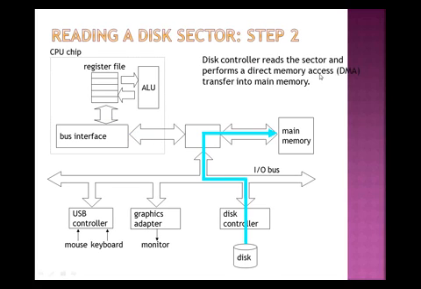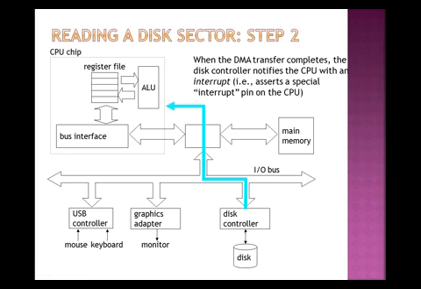The disk controller reads the sector and performs a direct memory access, transferring the data into the main memory. So this is the role of the disk controller: it reads the data and performs direct memory access, so that the data goes directly to the main memory. DMA means direct memory access.